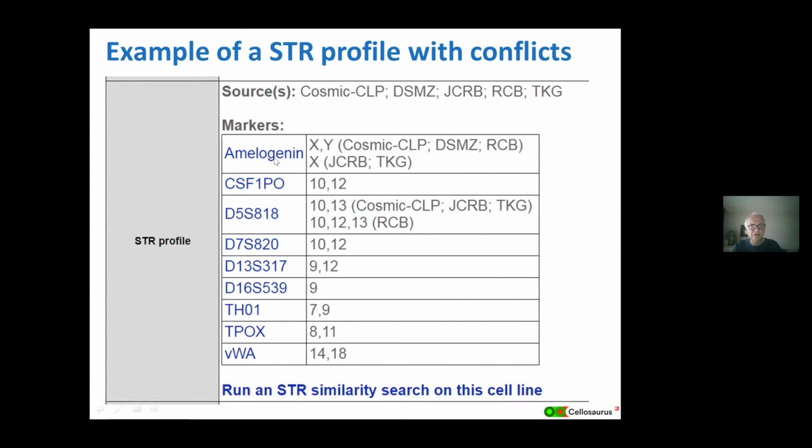It's easy for a cell line to lose the Y chromosome and thus amelogenin Y loci. Or here, you see that 4 resource find 10, 13 for D5F18, but 1 resource find an additional loci, which may have been lost or gained in the cell collection which reports it.